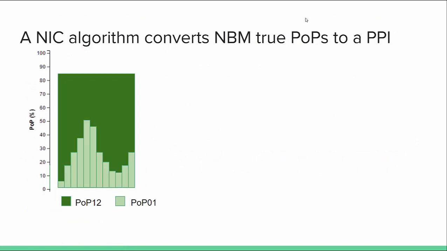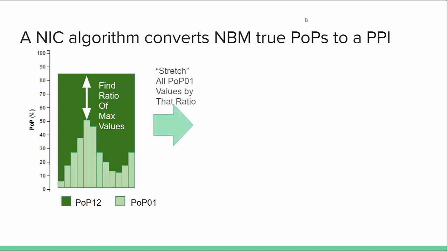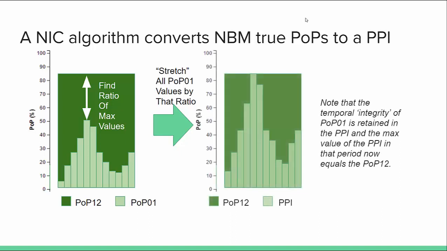So in the National Smart Inits, we actually have an algorithm in place that helps convert the NBM true statistical pops to a PPI. We do that by finding the ratio of the max values between the 12-hour pop and the 1-hour pop, and we're essentially just going to scale or stretch those 1-hour pops to the value of the ratio. You can see in this example that 50% max now gets lifted all the way to 90%.